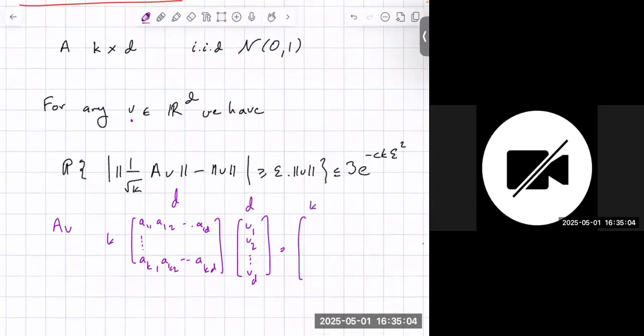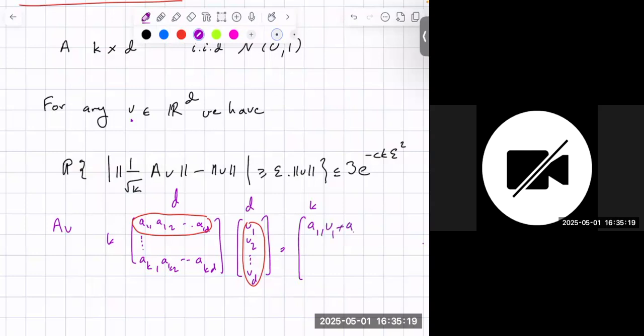Let's just write the first coordinate of it. How do I get the first coordinate? Multiply the first row with your vector. Very good. That is A11 V1 plus A12 V2, up to A1D VD.